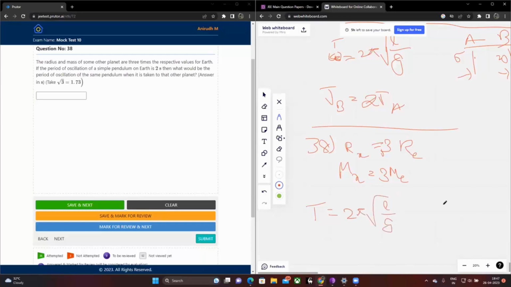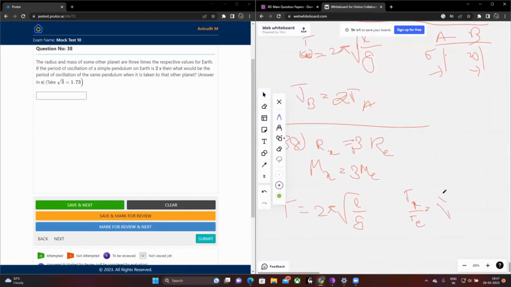L does not change. So Tx divided by Te is the square root of Ge divided by Gx.